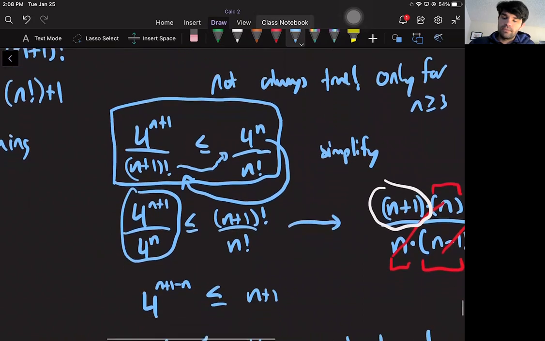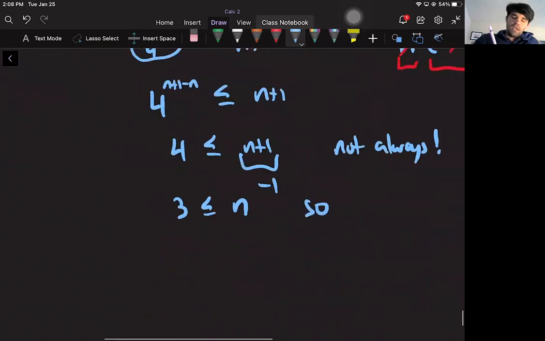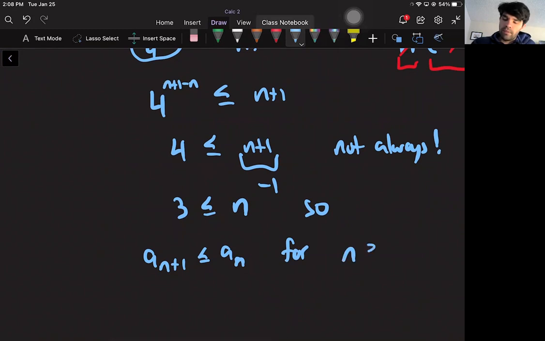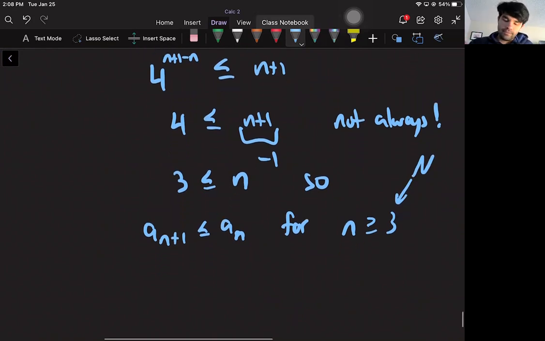So what this is saying is a sub n plus 1 is less than or equal to a sub n, and the magic number, capital N, turns out to be 3. That's what capital N is. It's this number that you're trying to figure out, basically.